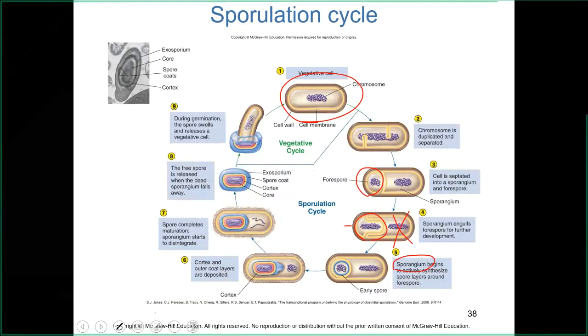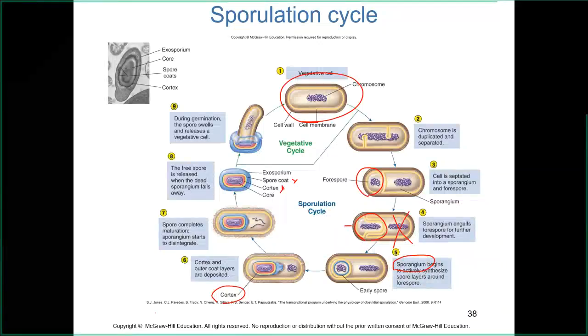And additional materials will be added. An outer coating called a cortex is going to be formed that contains a variety of proteins and other very resistant, very tough substances. And then a spore coat is laid down on top of that.